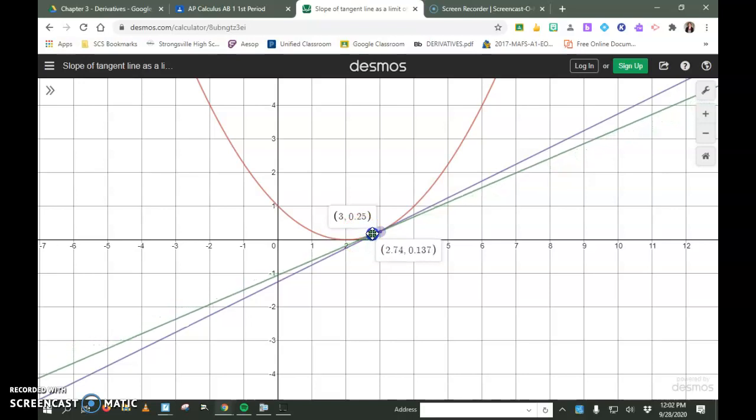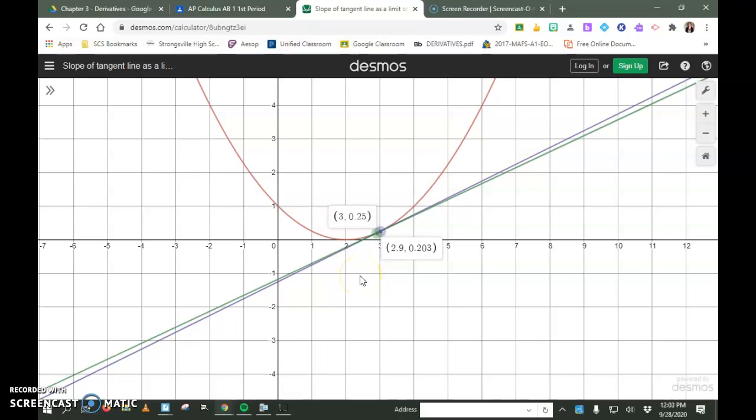And as I continue to move closer and closer to x equals 3, again, you can see my secant line is becoming more like my tangent line. As I pick x values that get closer and closer to the given x and calculate the slope between the points with those x values, the slope of my secant line, okay, I'm going to get the slope of the tangent line. That's where the limit comes in.